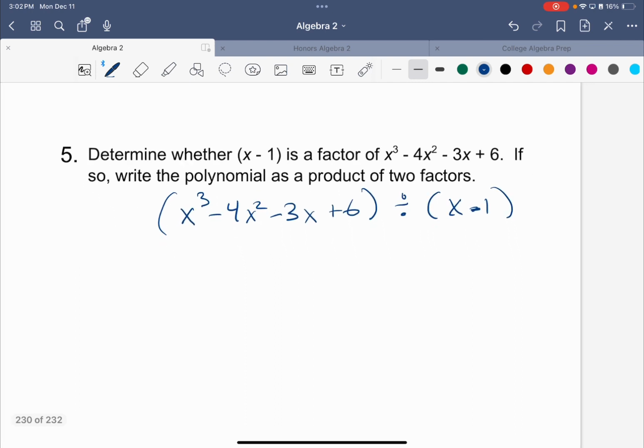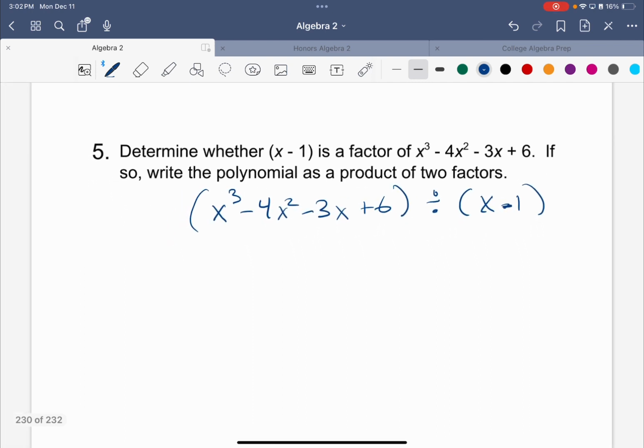And if we get a remainder of 0, then we say yes, x minus 1 is a factor. Okay, so if we're using synthetic division, what goes inside of the box? Positive 1 goes inside the box. x minus 1 equals 0, so positive 1.